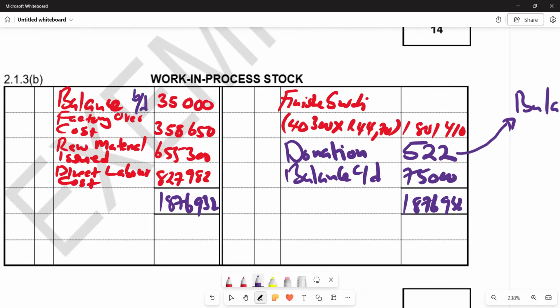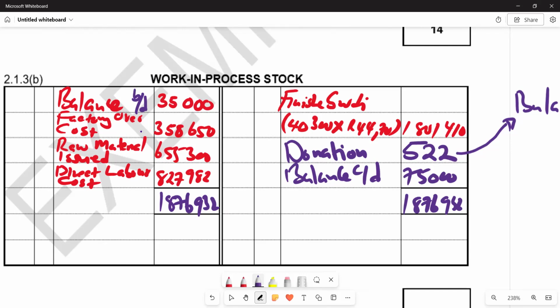This one we have as 35,000. Then we have all other entries there. So donation was the only missing amount in the work in process stock account. So it was easier for us to find it: the total that we have on the debit, we subtract all we have on the credit, and the figure that we are left with becomes the donation figure, which is this one.